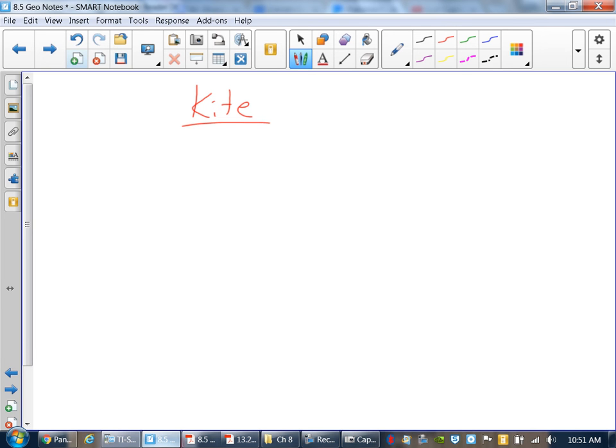Going from the west, you go east. Anyway, a kite. The kite is made of 2 isosceles triangles. I like to build the kites by reminding you guys again what isosceles triangles do.